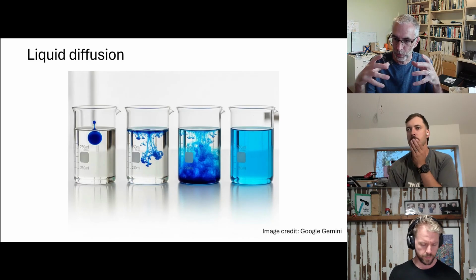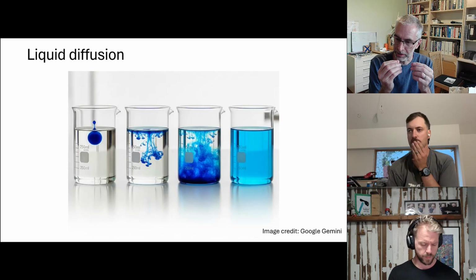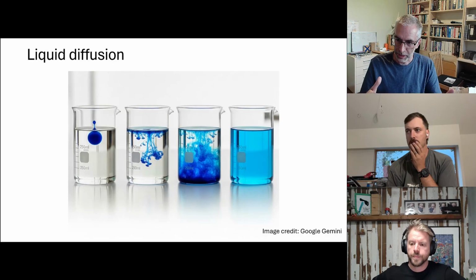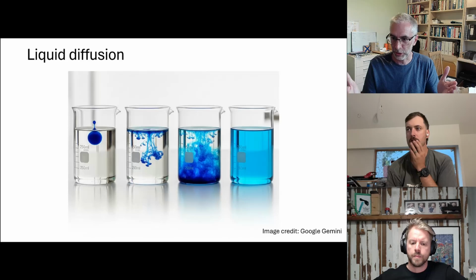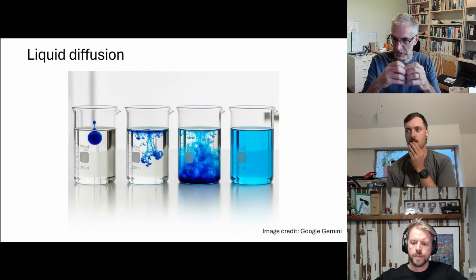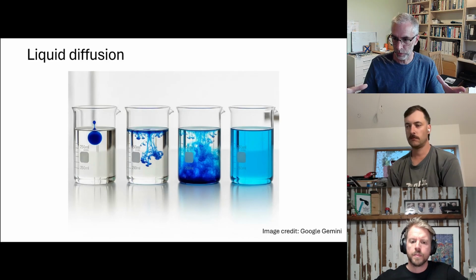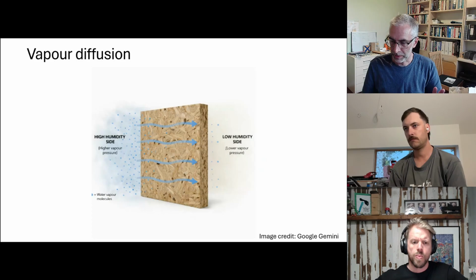Critical thing again, the water's not moving, and yet the dye molecules are moving, making their way through that liquid and creating an equilibrium. And then the key part here to all of physics usually is that everything is trying to reach an equilibrium. High pressure is trying to reach low pressure, hot is trying to reach cold. In this case, a concentration of dye is trying to disperse such that it's equally distributed through our volume of water. And vapour diffusion is exactly the same.